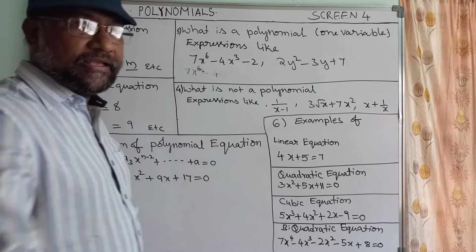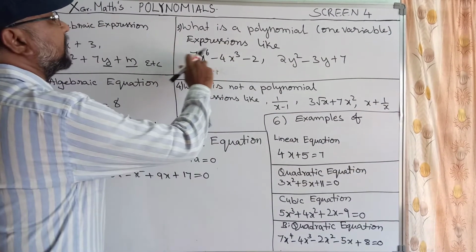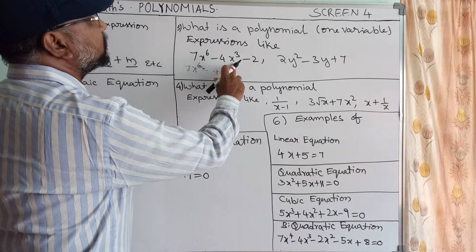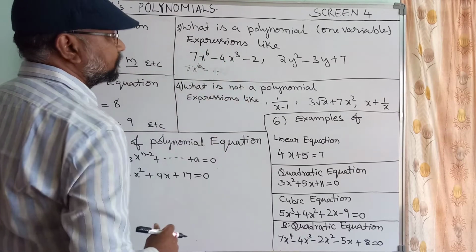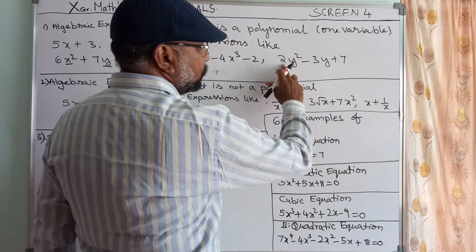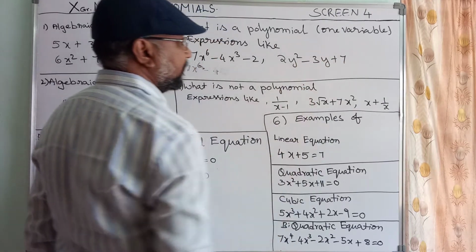Expressions like 6x square, 7x power 6 minus 4x power 3 minus 2. Another example, 2y square minus 3y plus 7.